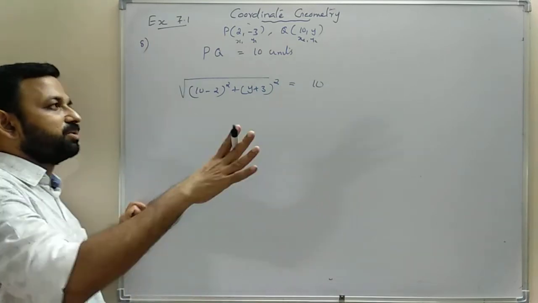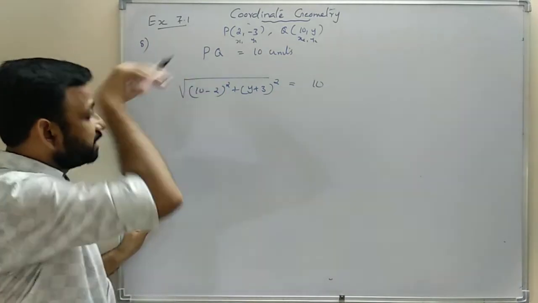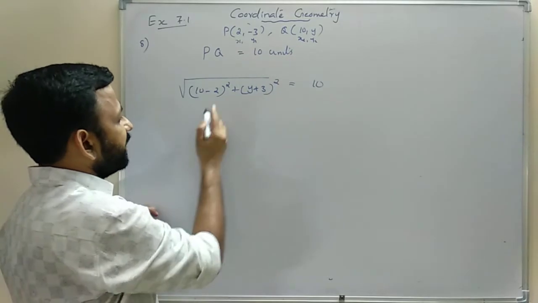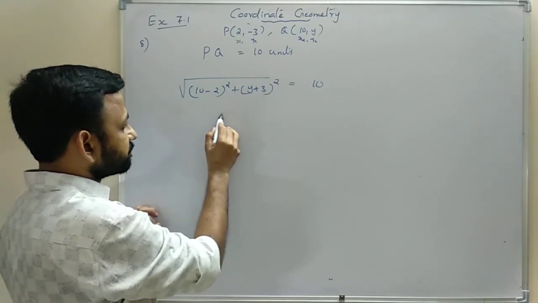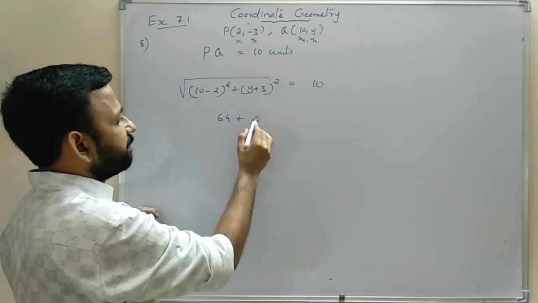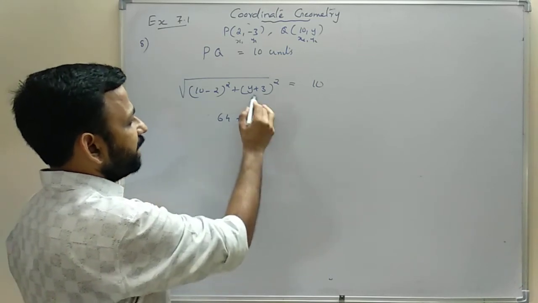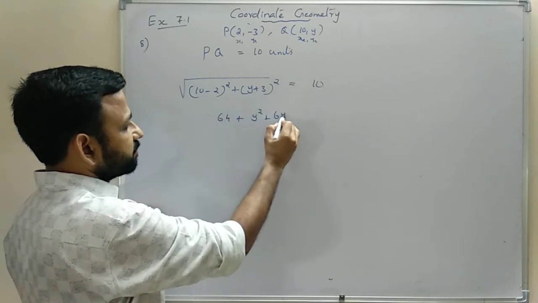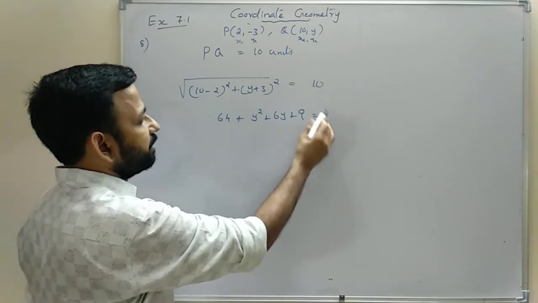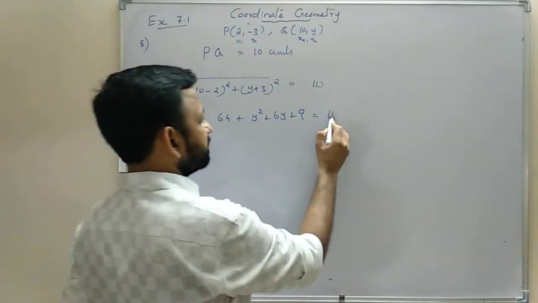Now squaring both the sides, so we can avoid that radical. 10 minus 2 is 8, square is 64, plus y plus 3 whole square. Using the a plus b whole square identity, y square plus 2 into y into 3, 6y, plus 3 square 9, equal to 10 square, that is 100.